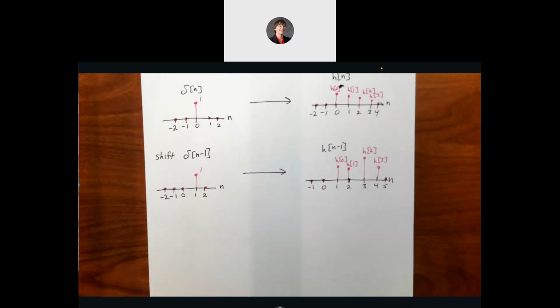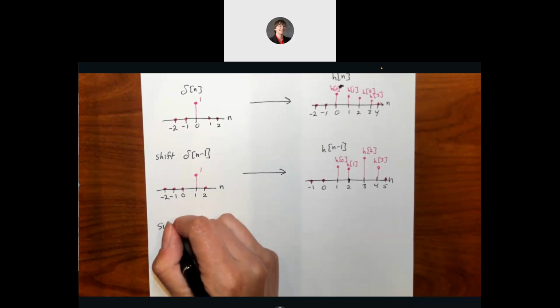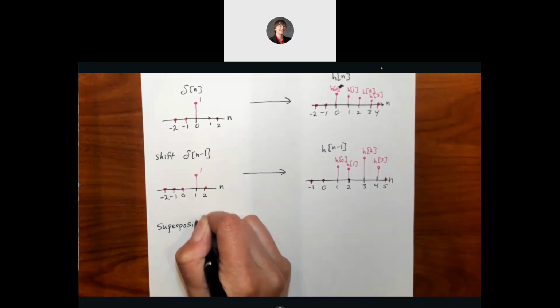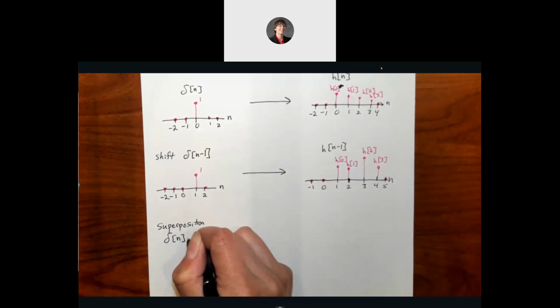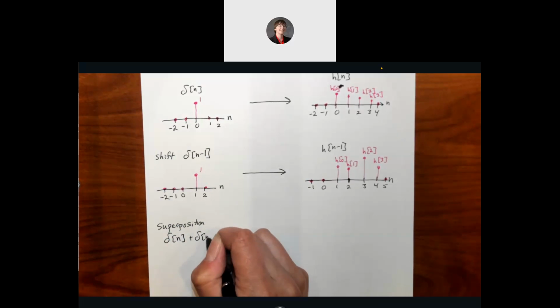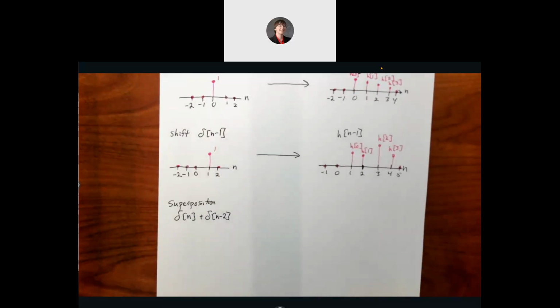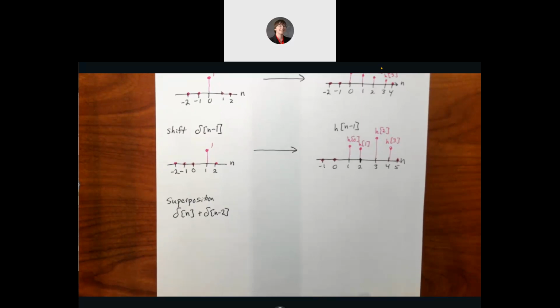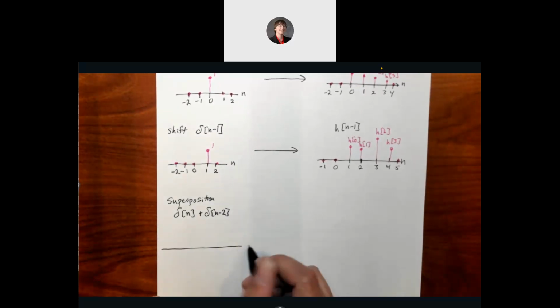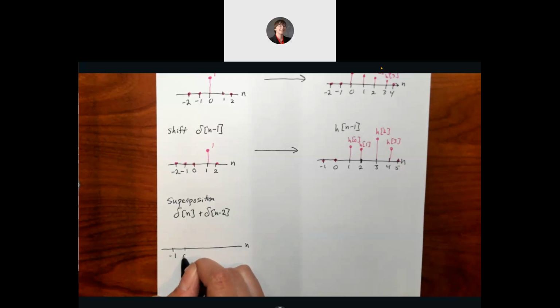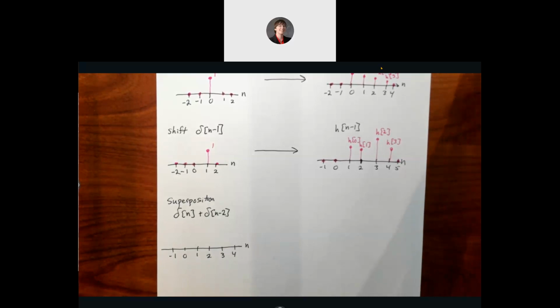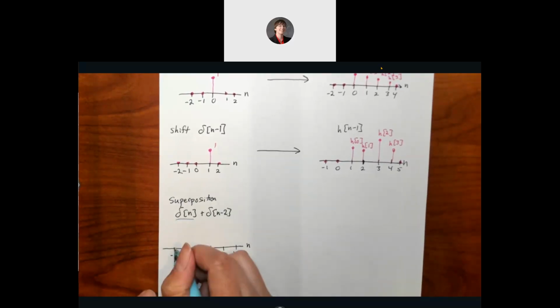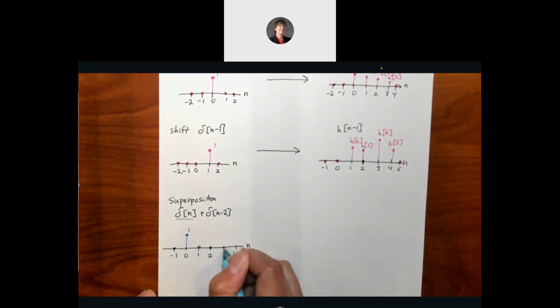And I can also use my linearity, the superposition combination of all of these properties, to say, let's say I have a delta n plus a shifted delta, right? So my delta n is going to be 0 everywhere except n equals 0.